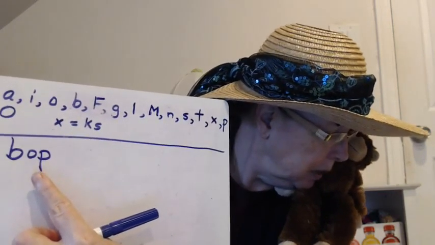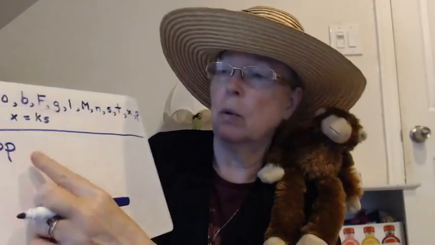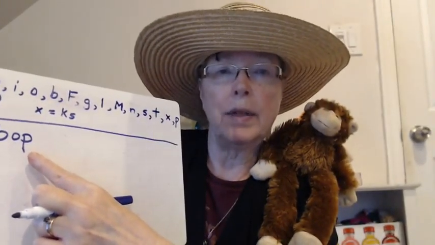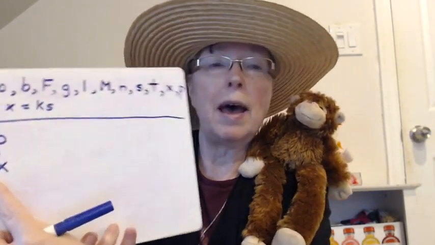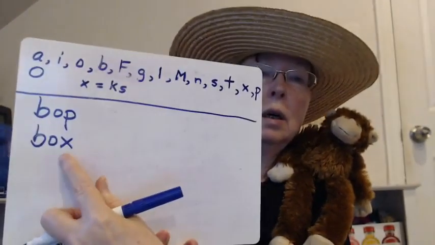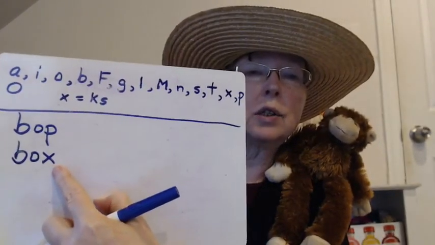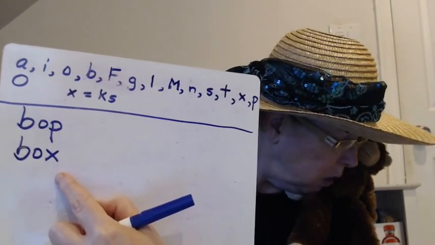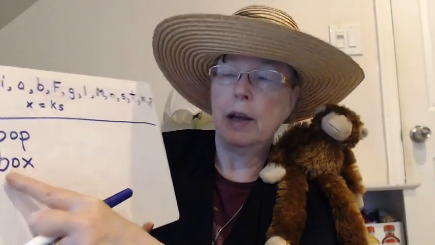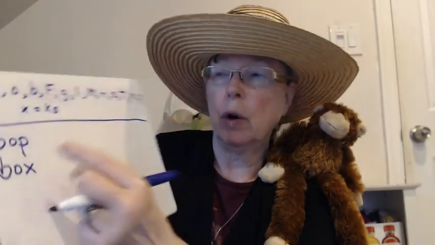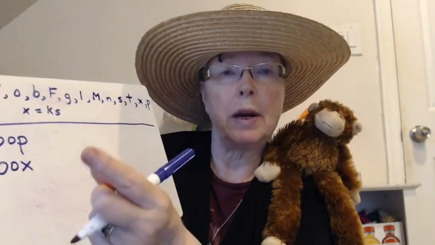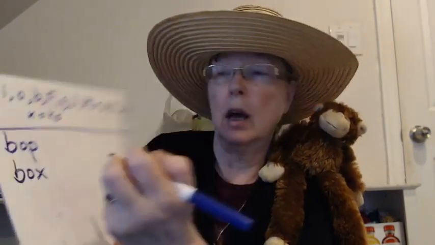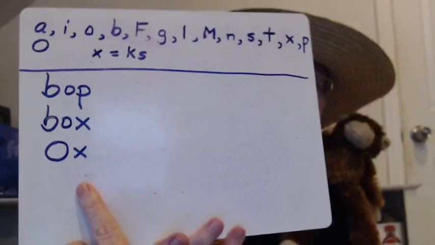All right, and we are going to take away the P, replace it with an X. And when we do that, we get the word box. All right, and we are now going to take away the B, and we're going to just have OX, except that we're going to have an uppercase O with the X. And now we have ox.